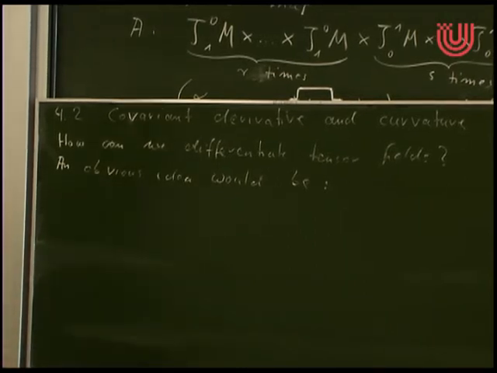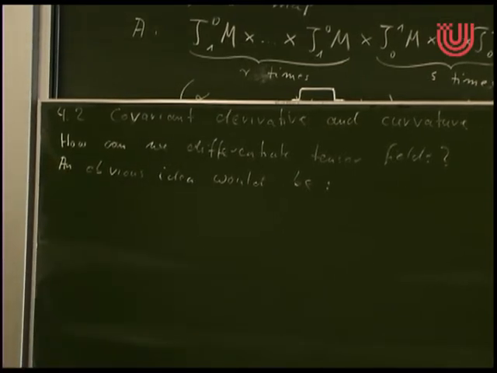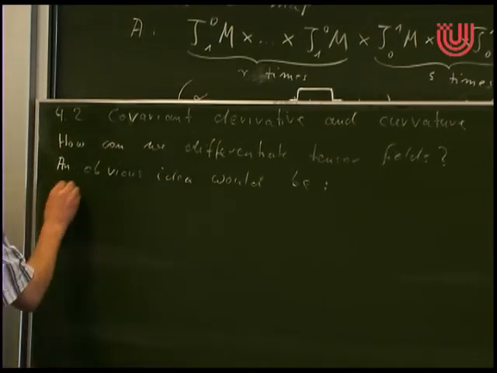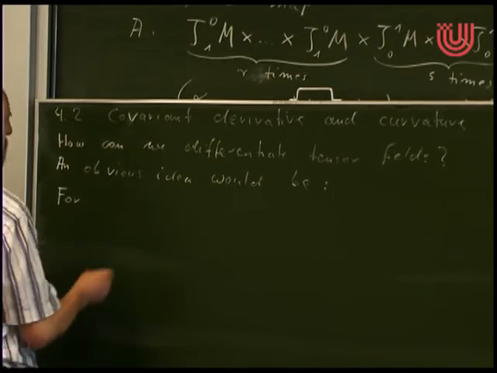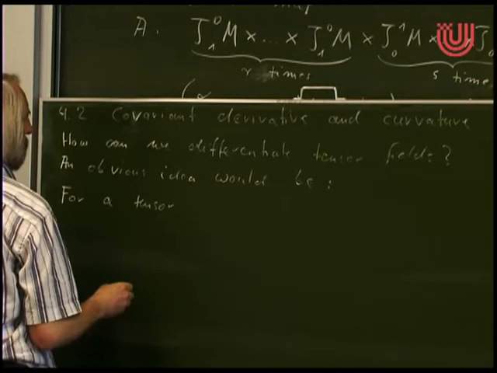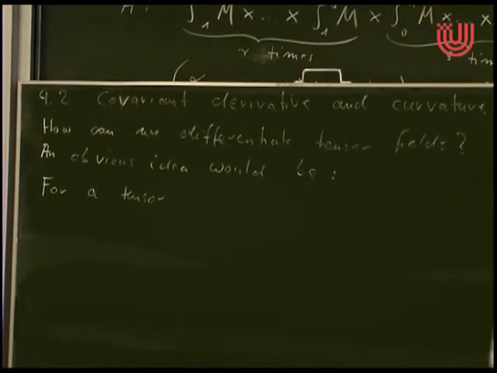So that's obviously something which can be done. But let's discuss if this is a reasonable construction, or in which sense it is. So an obvious idea would be the following. If I have a tensor field, or let's say, by way of example, let's consider a covector field.